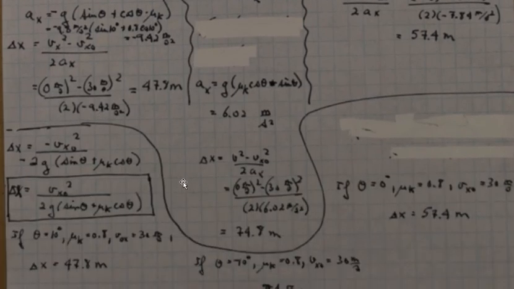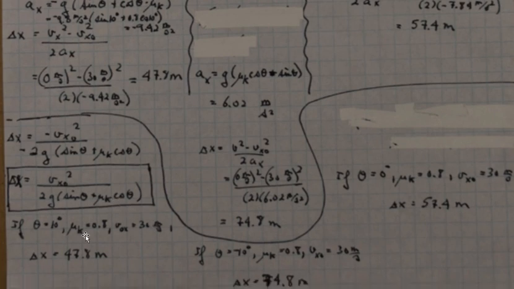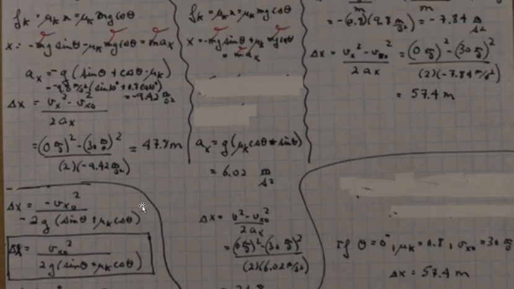We should be able to have one equation that does all three cases. So delta x is equal to v x naught squared divided by 2g times sine theta plus mu sub k times cosine theta. Now if I put theta equals 10, mu sub k equals 0.8, v naught x equal to 30 meters per second, I get 47.8 meters, which is what I got before.